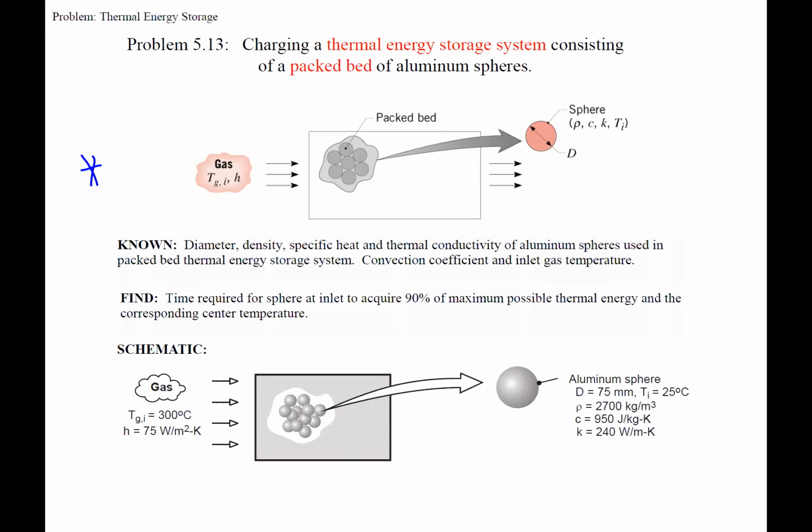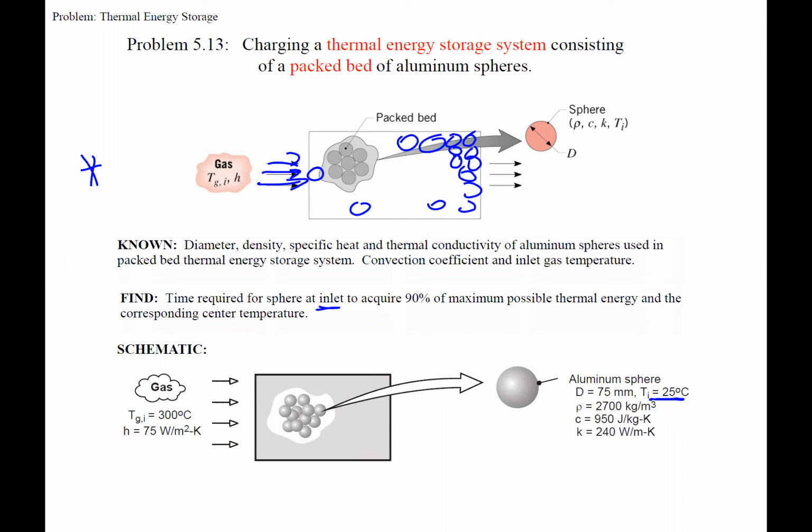All right, so we see our system. They have this packed bed of spheres. There's a whole mess of them here, right? They're all over, okay? So the spheres are initially at a temperature of 25 degrees Celsius, and we have hot gas flowing over it. It asks about the sphere at the inlet. So, maybe right here, we're looking at a sphere, okay?